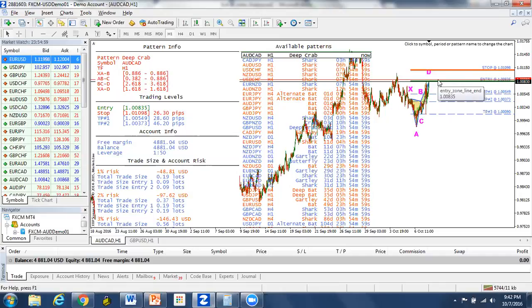So let's say your stop loss is 20 pips away. You could put your lot size at 0.05, because 0.05 equates to 50 cents per pip.